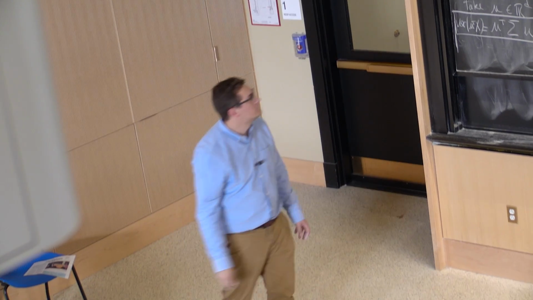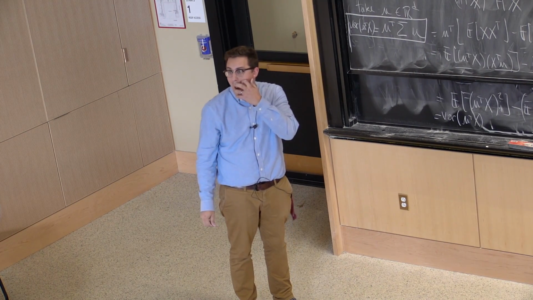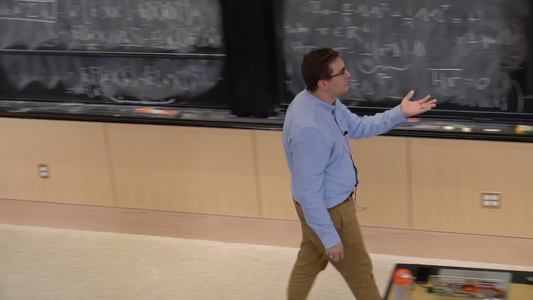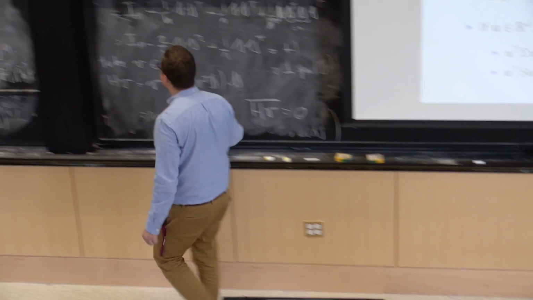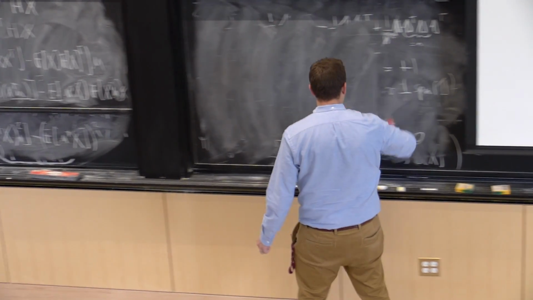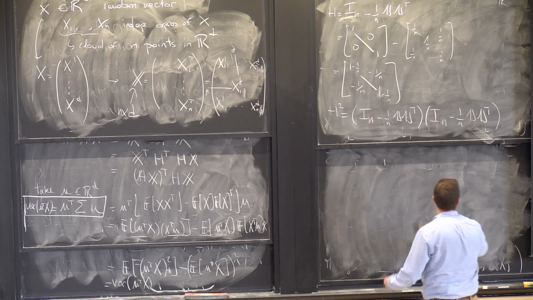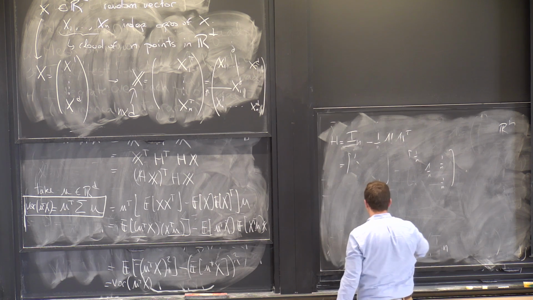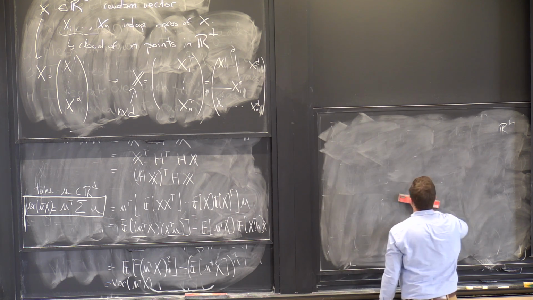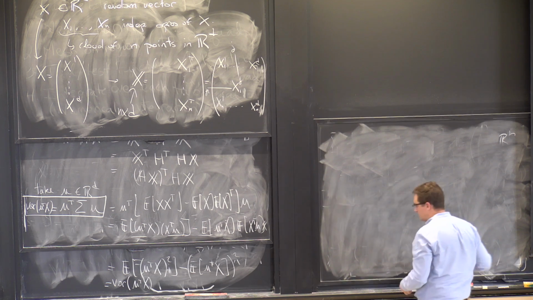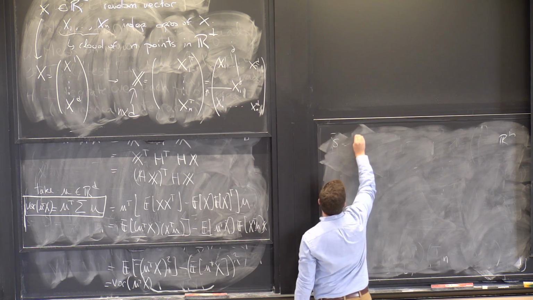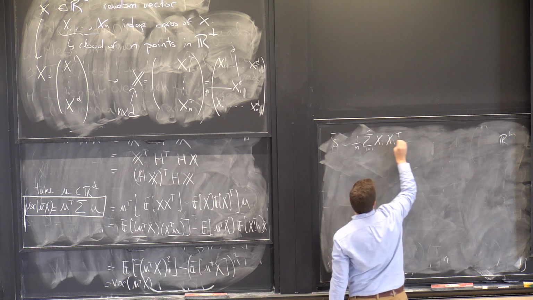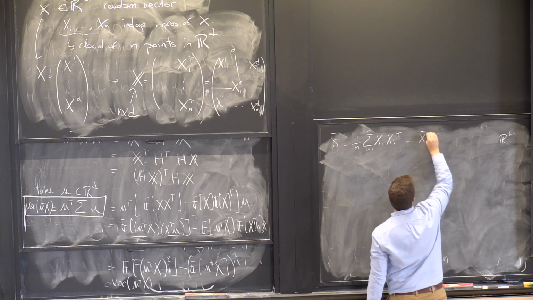Okay? Now, I can do the same thing for the sample variance. So let's do this. And as you can see, spoiler alert, this is going to be the sample variance. Okay, so remember S is 1 over n sum of (xi minus x bar)(xi minus x bar) transpose.